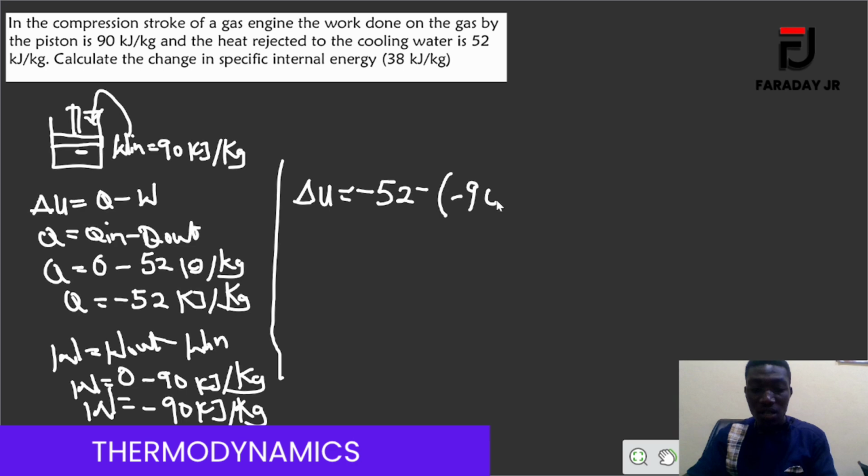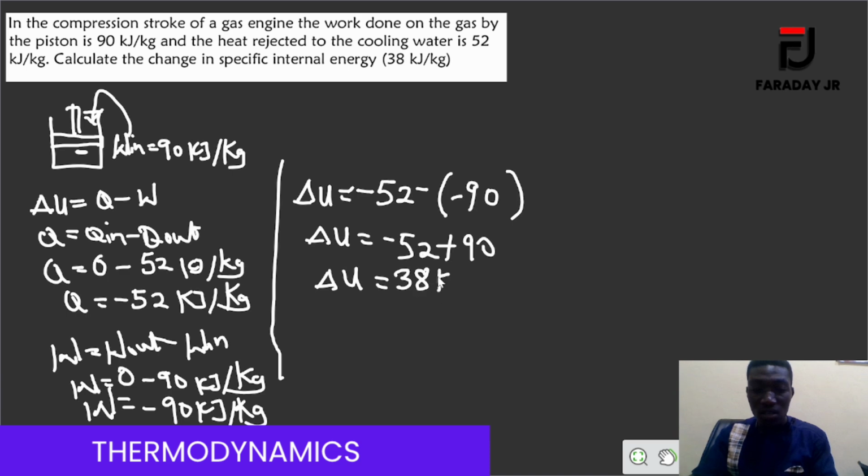So change in U is equal to negative 52 plus 90. Now what's our total answer? If you subtract this from this, you're going to get 38 kilojoules per kg. So this is the final solution.